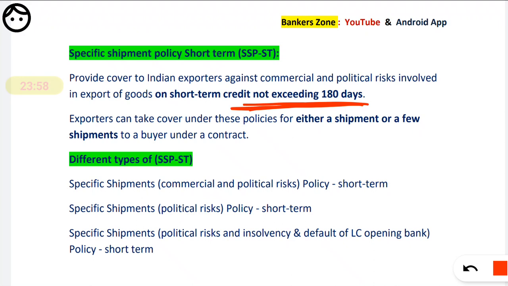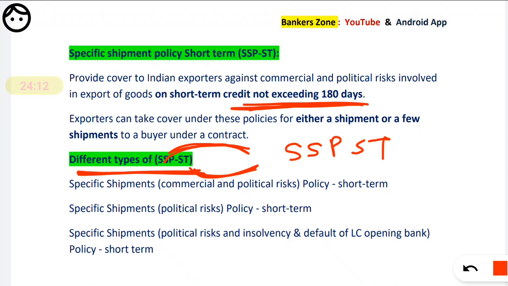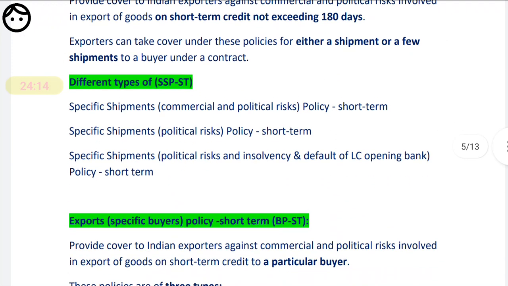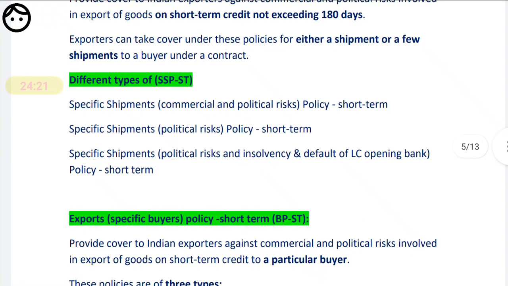So let's discuss the different types of the specific shipment policy. SSP means specific shipment policy, and ST is for short term, that's why it is written as SSPST. Now there are different types. The very first is the specific shipment for commercial and political.